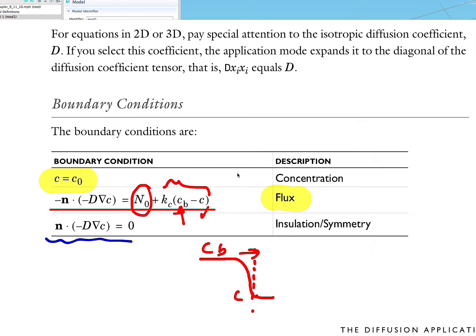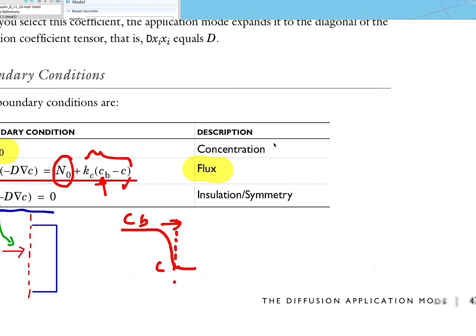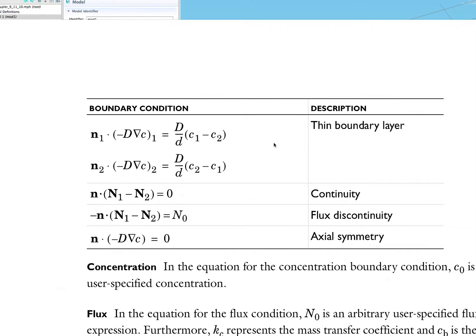For example, if you have an axisymmetric system, you can show it here as 3 boundaries, and then the fourth boundary, which would be the center of a cylinder, will be that condition where the flux is equal to 0 on the symmetry for an axisymmetric system. So these are all possible boundary conditions that we can apply.